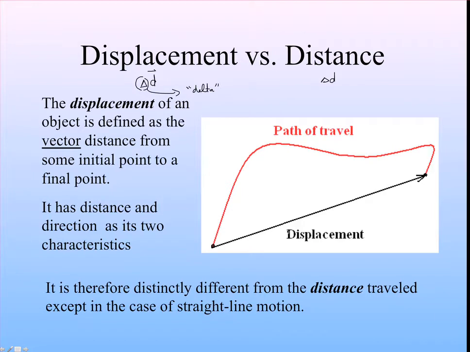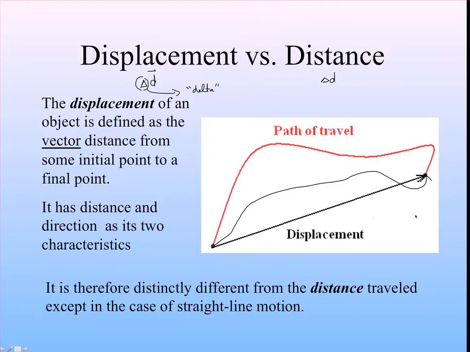Your displacement, however, regardless of your path length, whether you took this path or whether you followed the black line or if you took some intermediate path, your displacement would all be the same. Your displacement describes your new position relative to your old position.